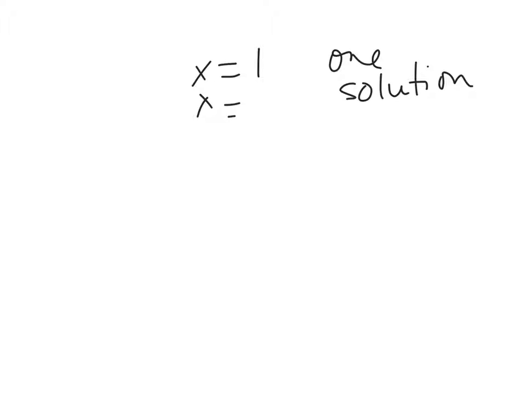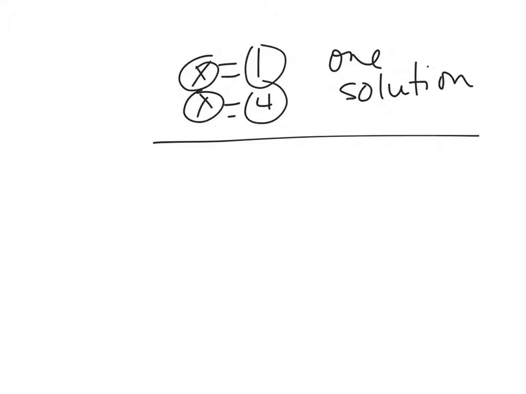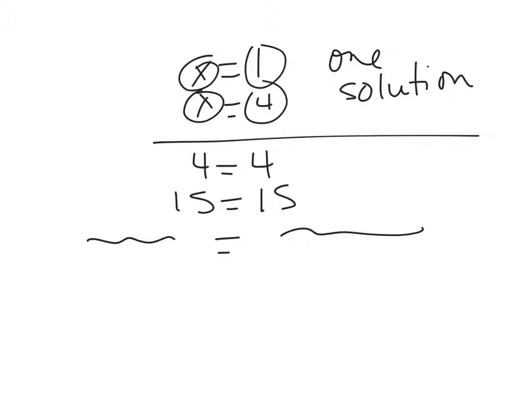So just to recap, x equals 1 is going to be an example of one solution. X could equal 4, but there's one solution for x. If it's 4 equals 4, or 15 equals 15, or you had some elaborate equation on both sides, it's true.